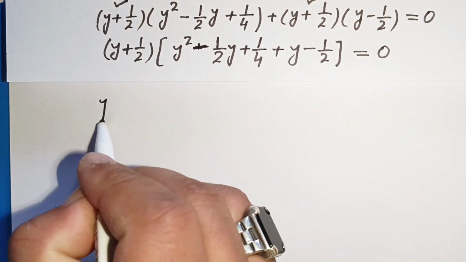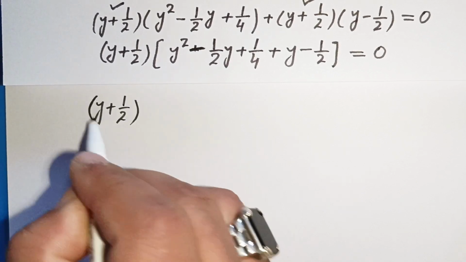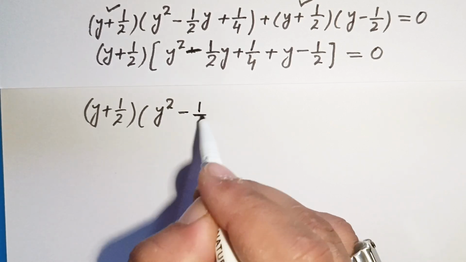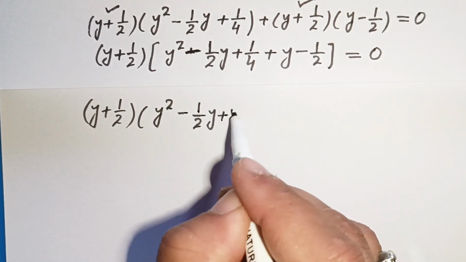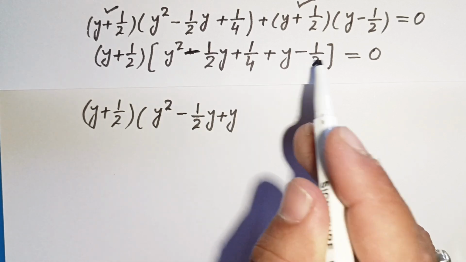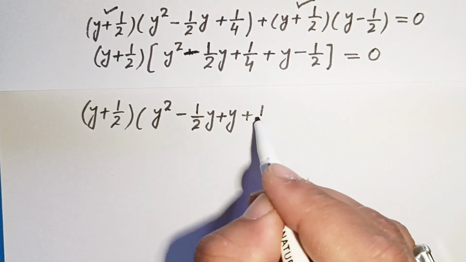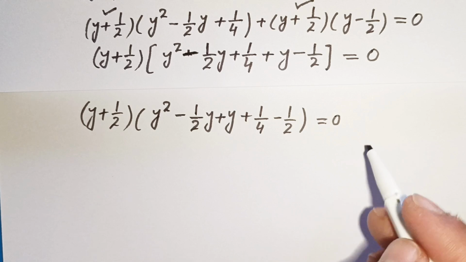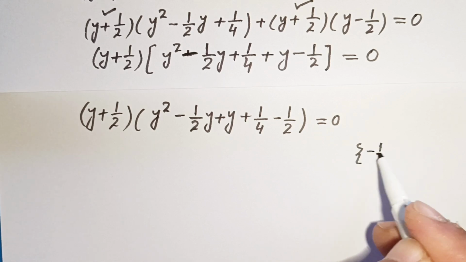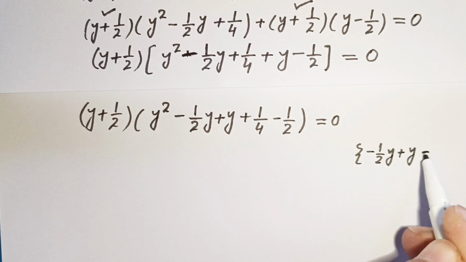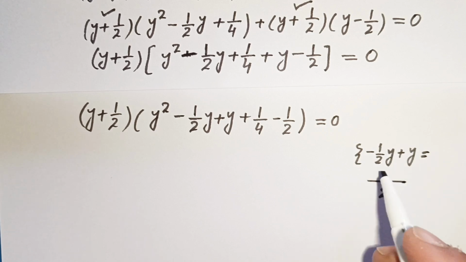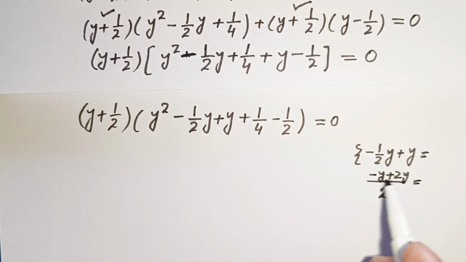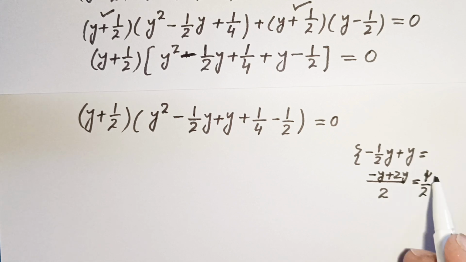So y plus 1 over 2 times y squared, minus 1 over 2 y plus y, plus 1 over 4 minus 1 over 2, is equal to 0. Solving minus 1 over 2 y plus y, taking LCM 2, we have minus y plus 2y over 2, that is 1 over 2 y.